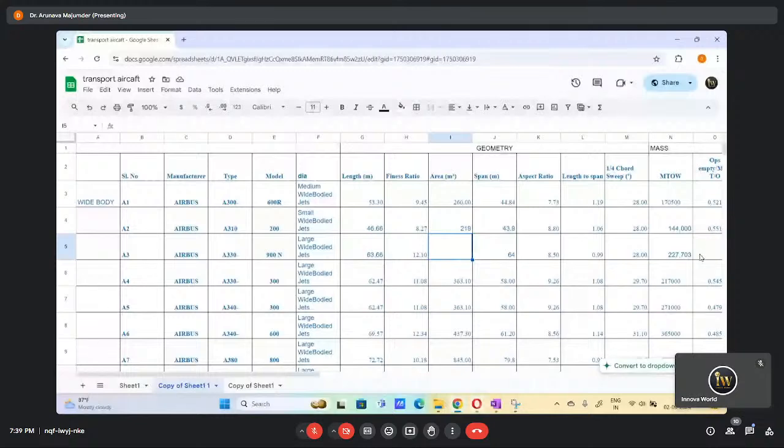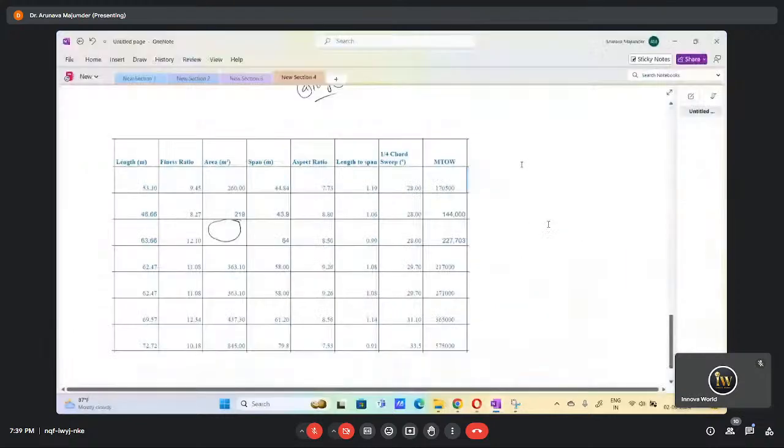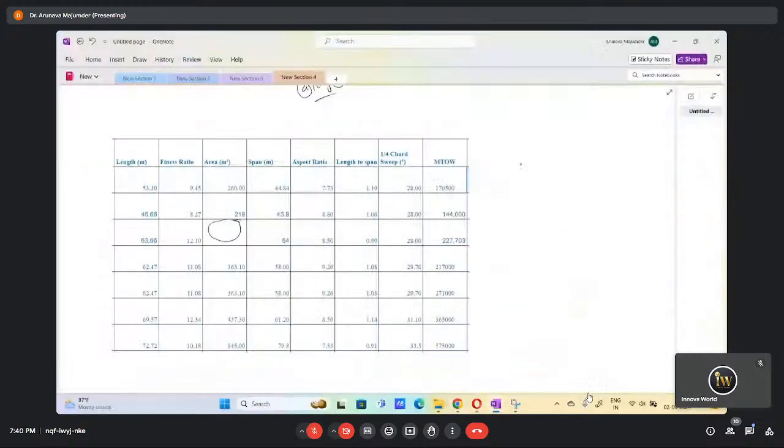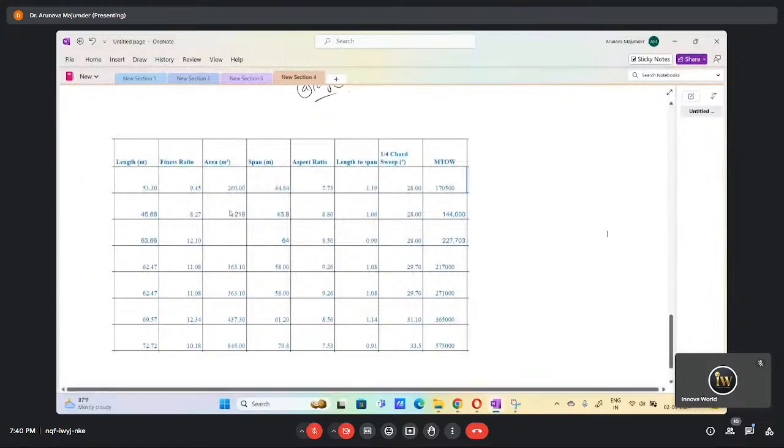So now I'm going to the modeling part. Let us suppose I am using the method of mean. If you apply it, you can see here it is 260. What is the sum of this?